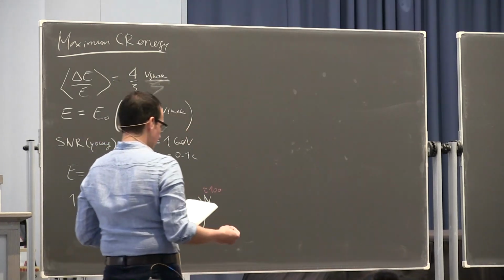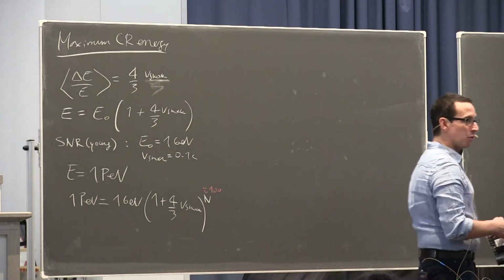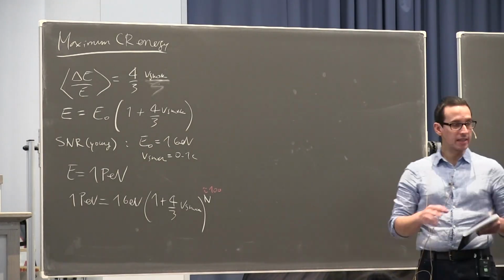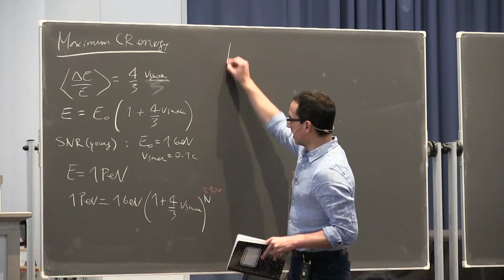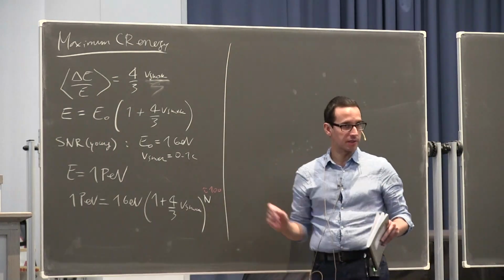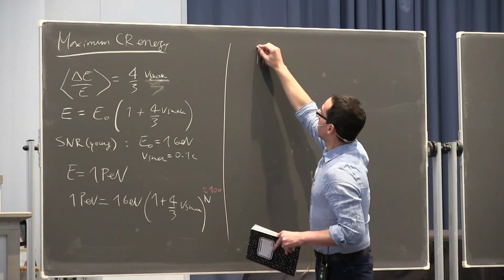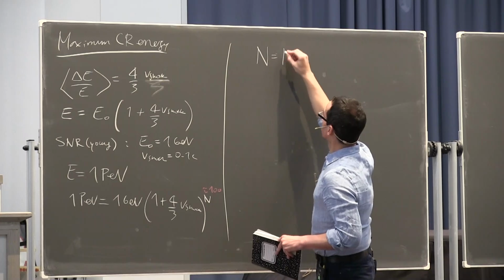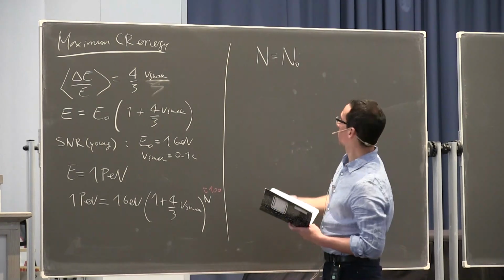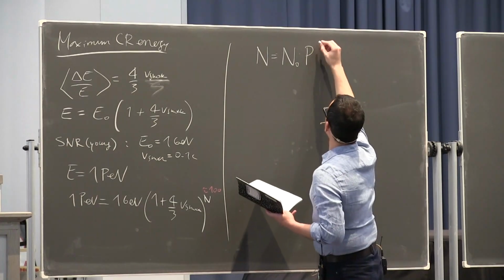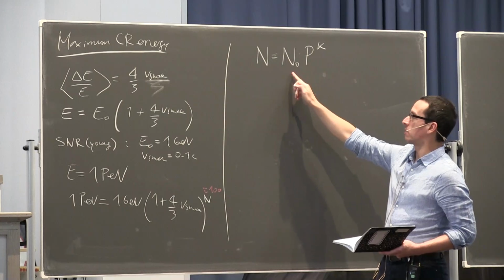And that is a problem, because every time you cross, you lose some of the particles that leak out of the acceleration region. So if you need 100 shock front crossings to get to the energies you want, then the number of particles after 100 crossings has gone down by this factor. This is the initial number of particles.